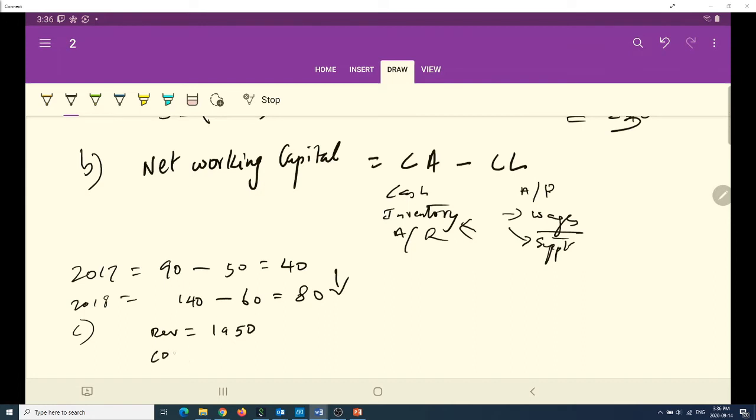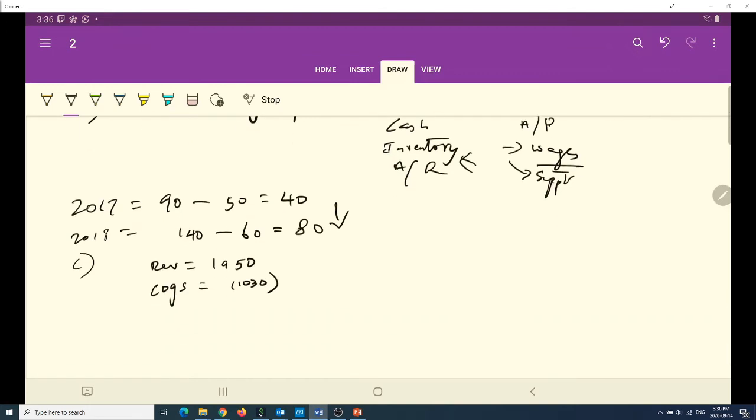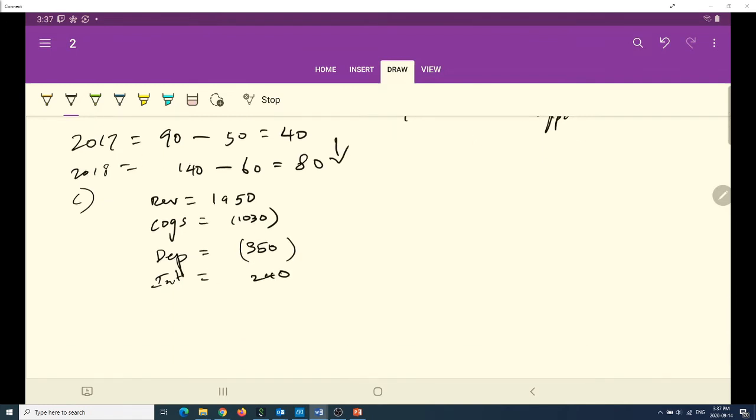Cost of goods sold is 1030, an expense. Depreciation, also an expense, 350. And interest expense is 240. So if you subtract all these things, this will become earnings before taxes.